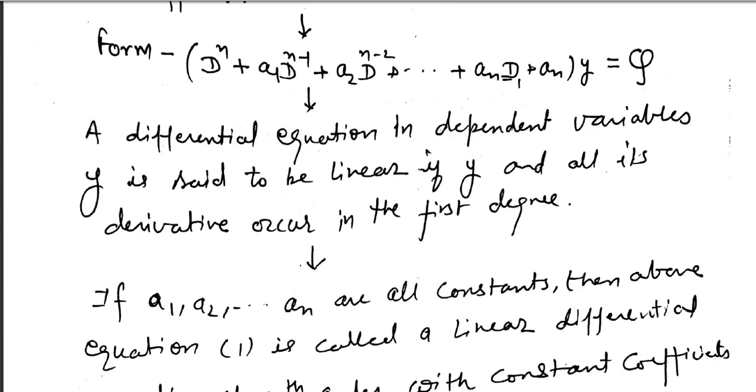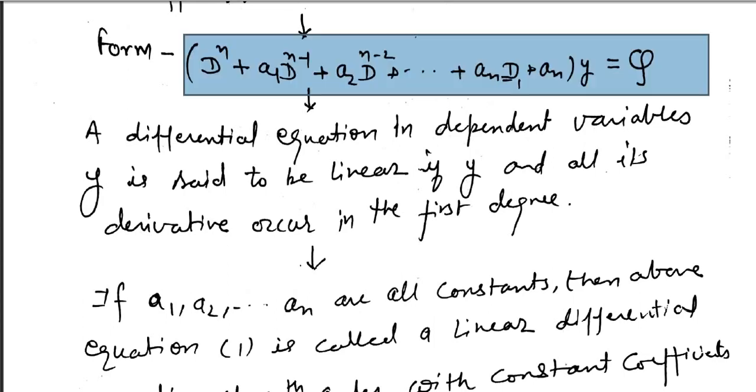In this equation, which is known as a linear equation, a1, a2 and so on are all constants. If these are all constants, then this linear differential equation is known as linear differential equation with constant coefficient.